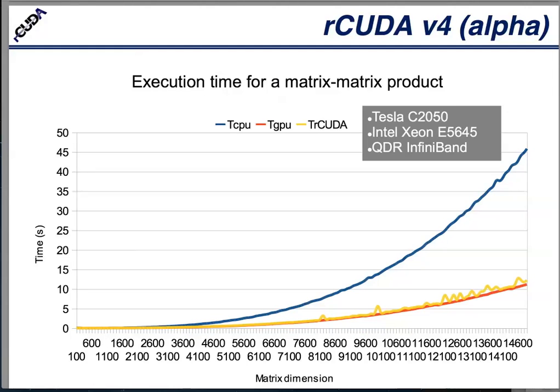Here we have, again, numbers for performance of matrix-matrix product. We can see how the overhead introduced by rCUDA through the InfiniBand interconnect, this is also QDR, is almost negligible, and the remotely accelerated matrix-matrix product is much faster than the locally executed one in the CPU.